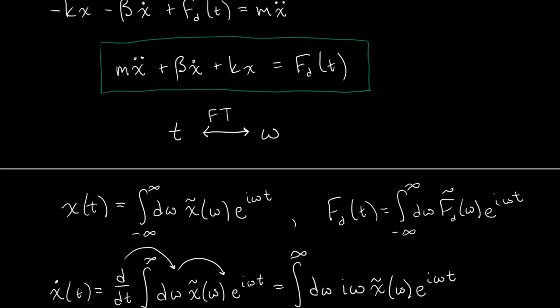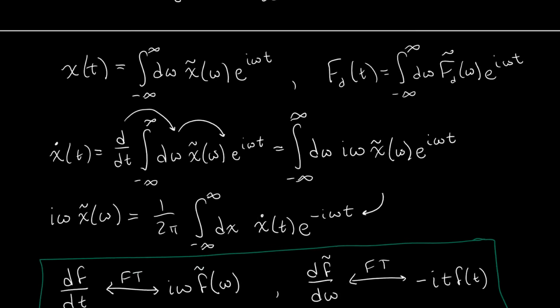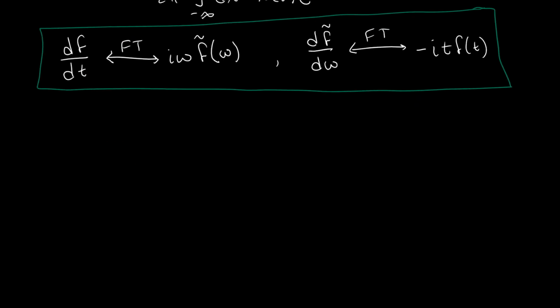Because when I go back up to this differential equation, I have these time derivatives. Let me rewrite my differential equation down here: m x double dot plus beta x dot plus k x equals f of t. And now I'm just going to Fourier transform everything, or more accurately, write it in terms of the Fourier transform pair.